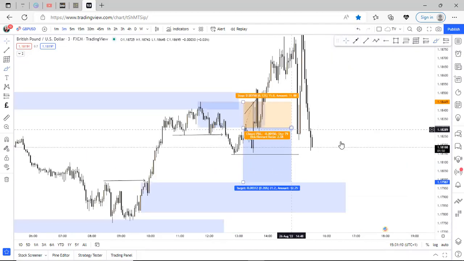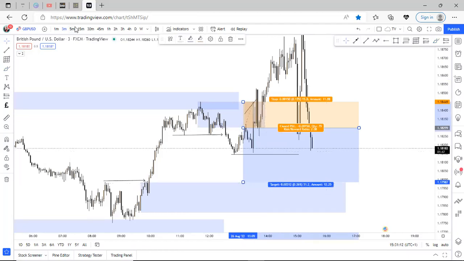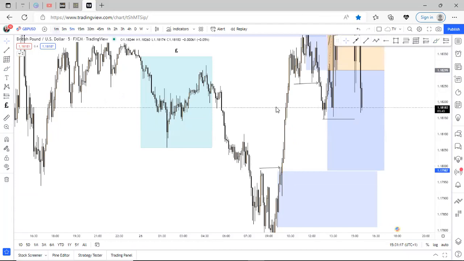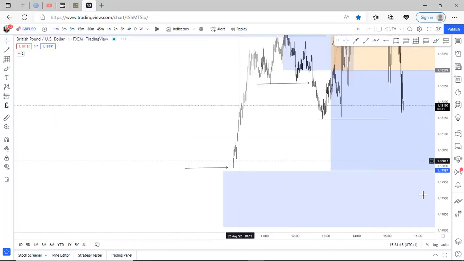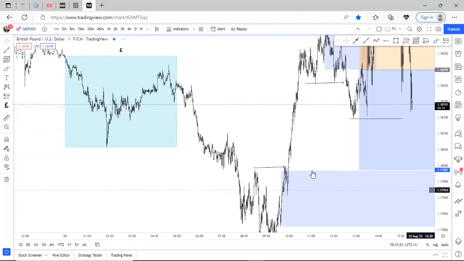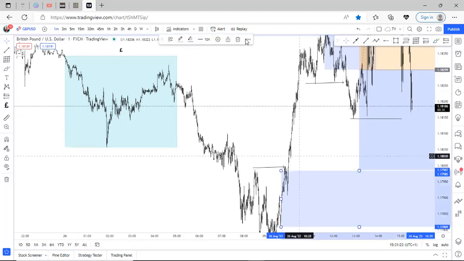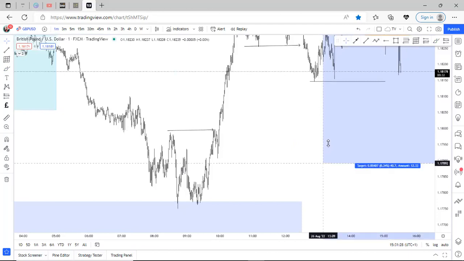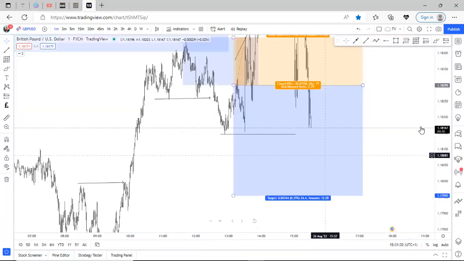Price is now heading to the point of interest that I want to take my profits from, which is so sad because I'm no longer in the sell. I've been taken out. There are days like this, and it is what it is. So let's move forward to the next.